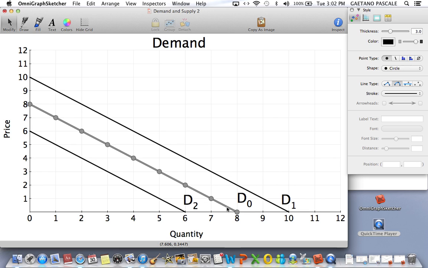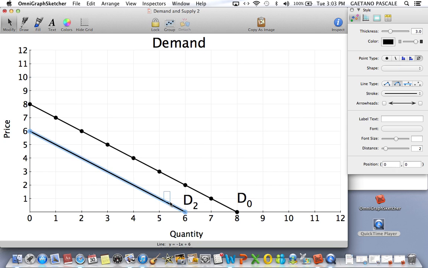I'm also going to review the fact that a change in demand is caused by a change in the determinants of demand. So make sure you remember that if the determinants of demand change, that is going to cause the demand curve to shift to the right or shift to the left, however you want to describe it. So there's our original demand curve.